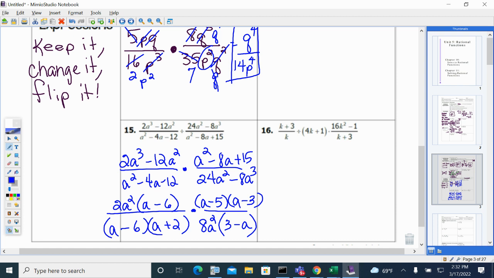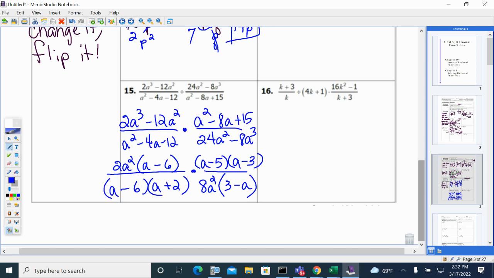Okay, so I already see an issue with my signs on this one. Let's go ahead and cancel inside each fraction. So your a minus 6's are going to cancel. And in the second fraction, your a minus 3 will not cancel with 3 minus a.